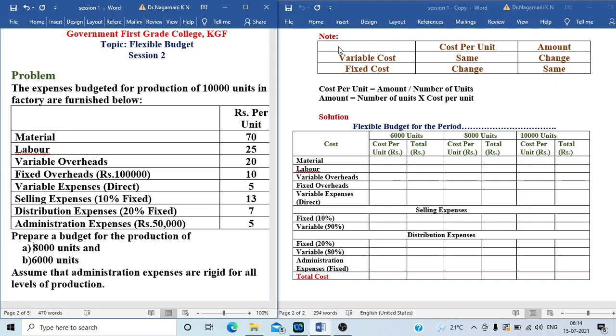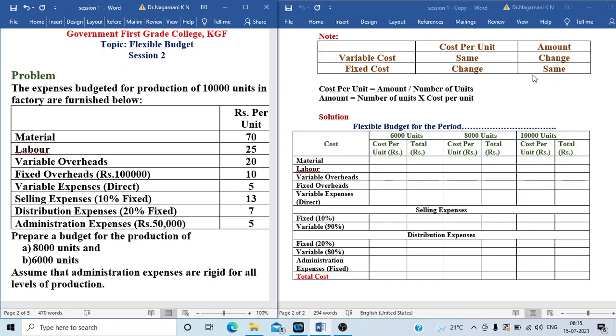See, before going to solve the flexible budget, you have to remember one thing, it is very important. Always variable cost per unit will remain same and amount will change. Fixed cost per unit will change and amount will remain same when production increases or decreases.